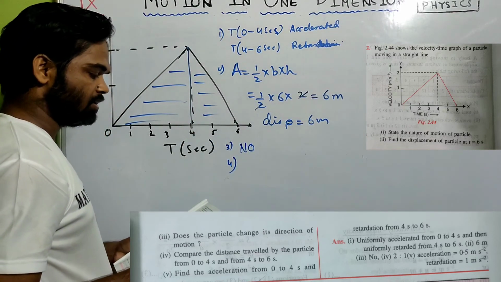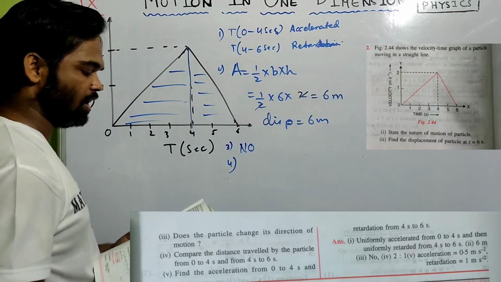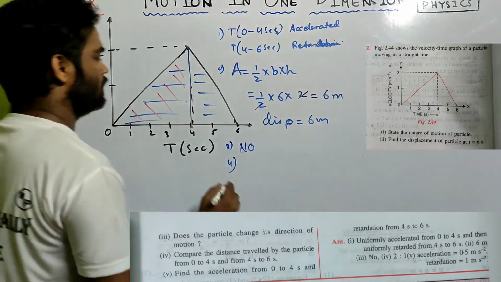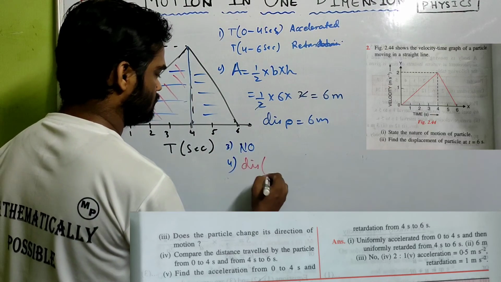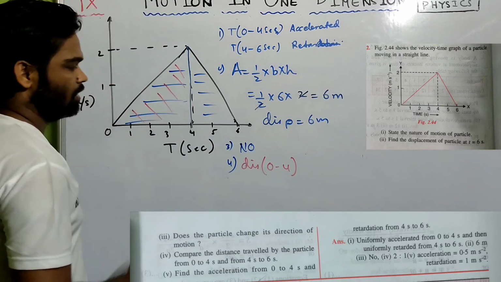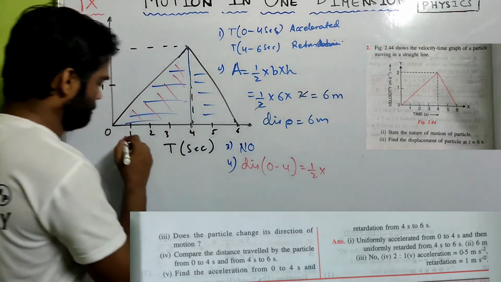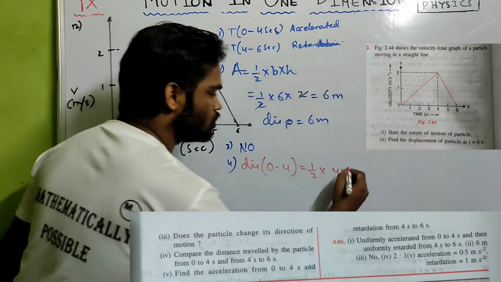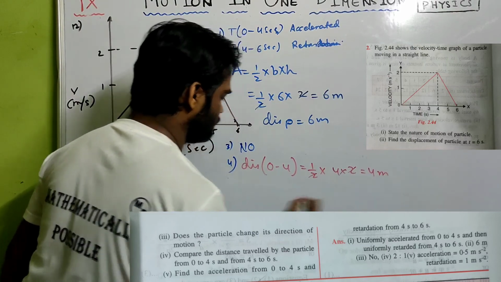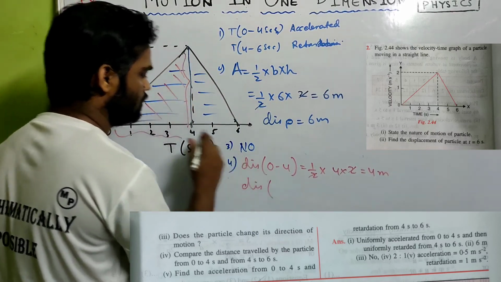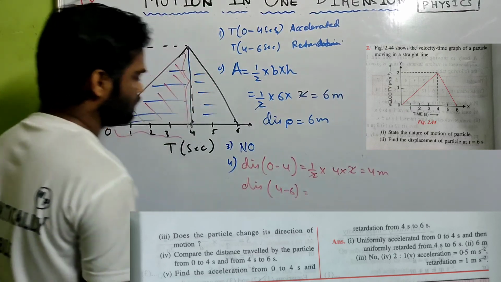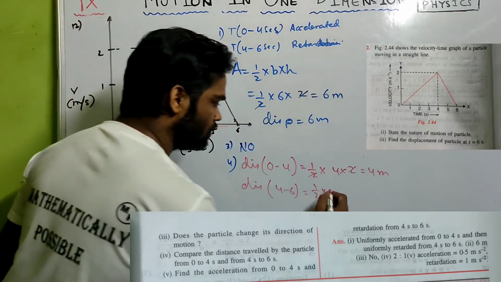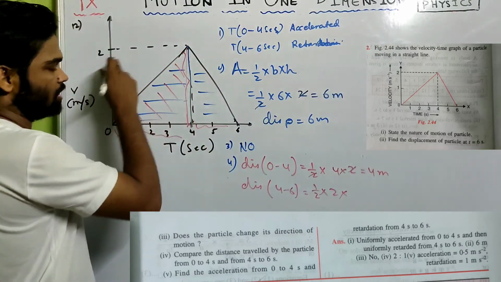Number 4. Compare the distance traveled by the particle from 0 to 4 and 4 to 6. So in the first, see, over here, distance for 0 to 4 second, half into base, which is 4, into height, which is 2. So that's 4 meter. And distance from 4 to 6, that's again half into base, which is 6 minus 4 is 2, into height, which is again 2.